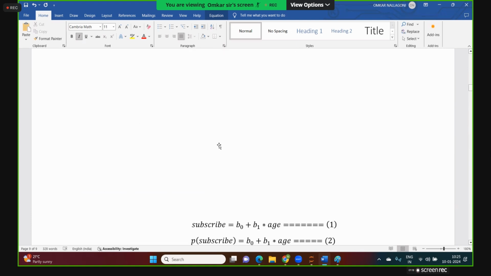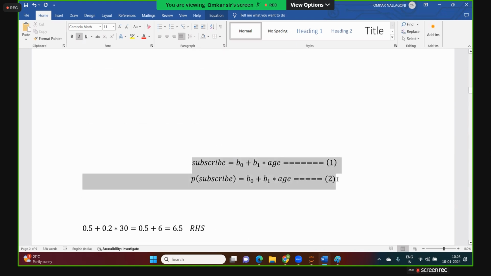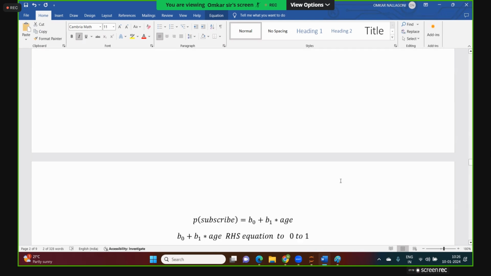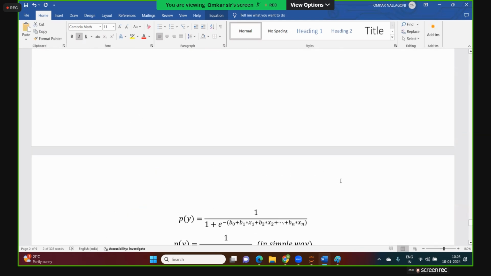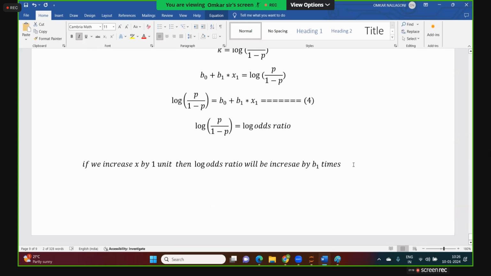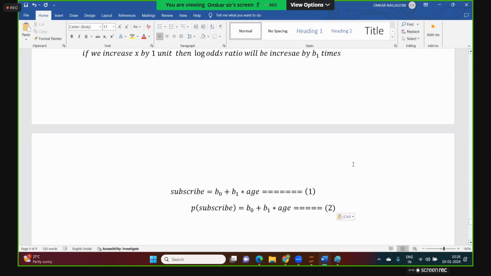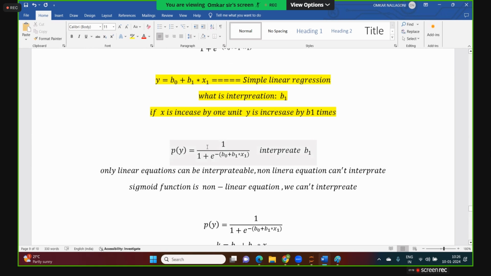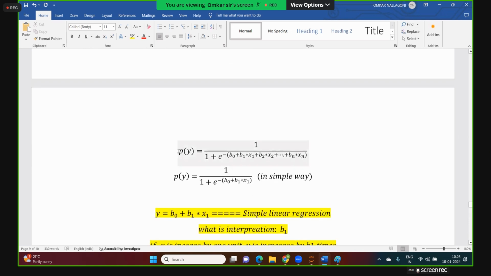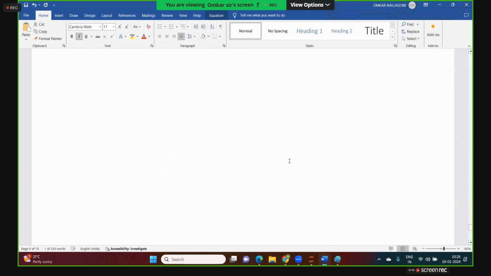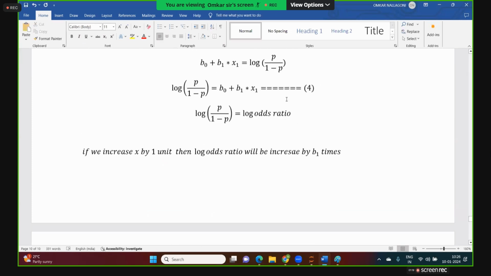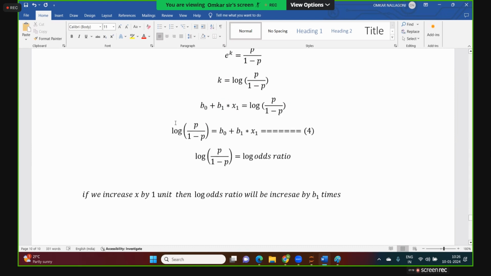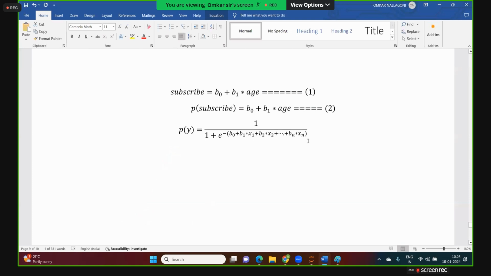So equation number 1, we started with this. And equation 3, this is equation 3, and this is equation number 4.